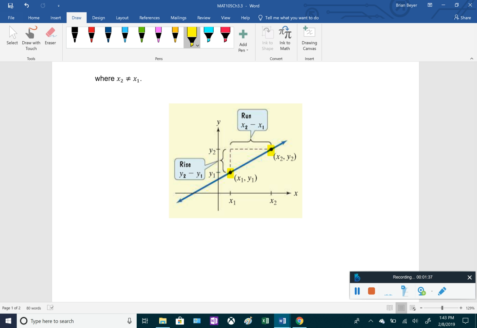And the run is the horizontal distance, x2 minus x1, between the points. That's what we will be calculating, and it represents the steepness of the line. Obviously, the larger the positive number, the more steep it's going to be. And the more negative a negative number, the more steeply it's going to be decreasing.